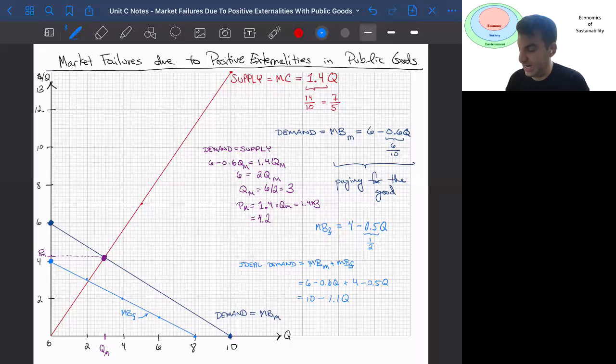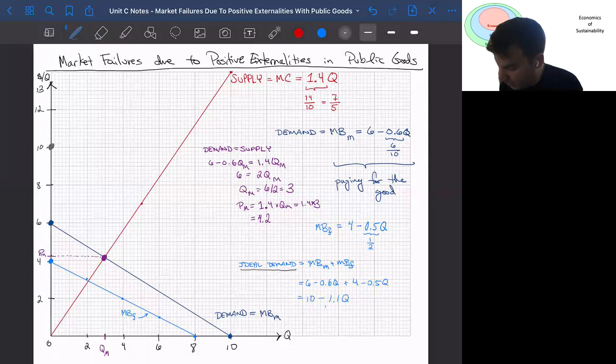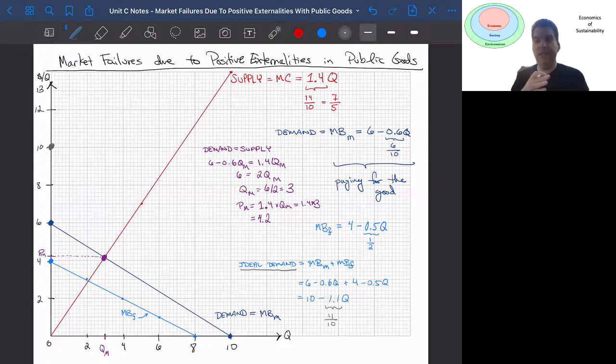And so I can plot that out, and maybe I can use gray for that. So this ideal demand I'm going to plot in gray. I'll go up here to 10. And this 1.1 down here means that if you run 10, you'll drop 11. That is equivalent to saying 5.5 over 5.